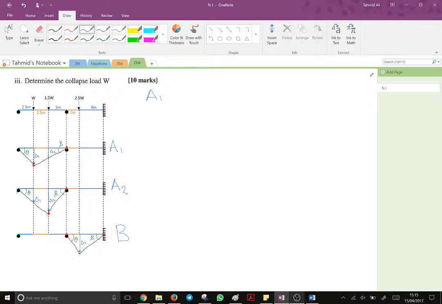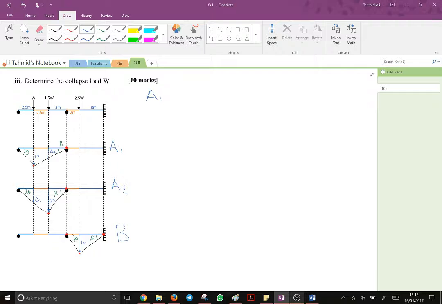Now the main objective is to simply equate the external work done, so the load making that deflection, and the internal work done, so the moment that's making the beam turn into alpha and beta. So first of all, let's try to simplify some of the relationships so we can have fewer unknowns.